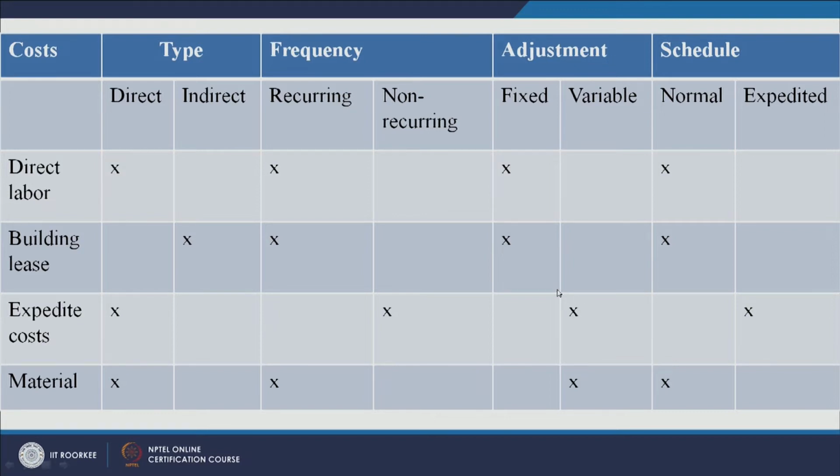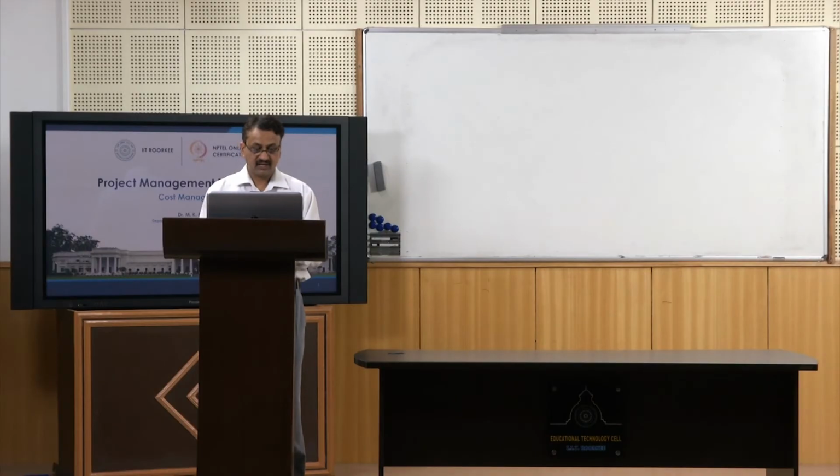Then it is variable and it is expedited cost. Material cost is a direct cost plus it is also recurring, it is variable and it is normal. So, you should be able to identify the cost first and you should be able to put it into the appropriate classification.